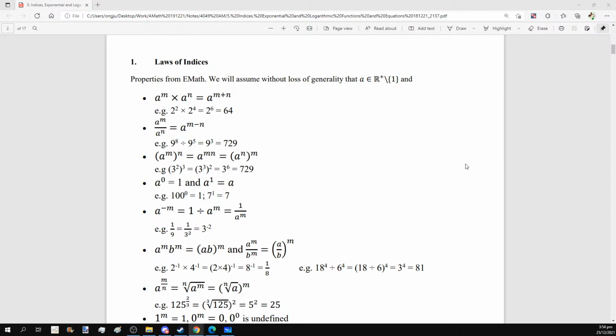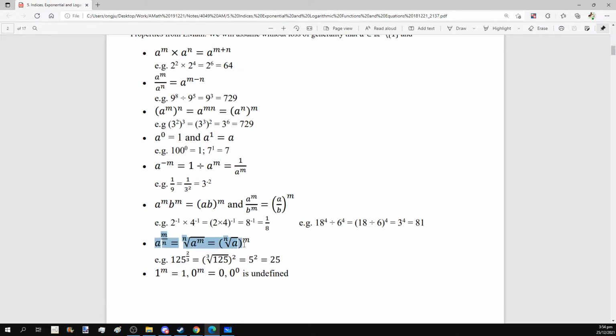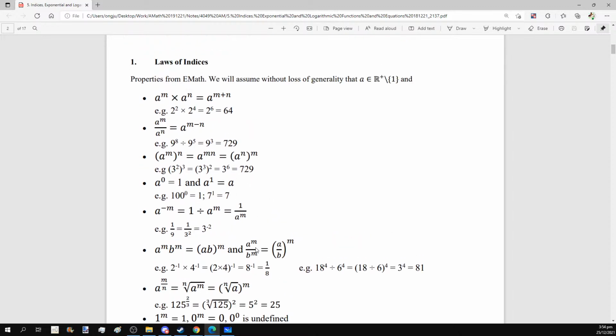In that sense, there's really not much to be worried about, right? Do take note, however, that some of the more, shall we say, obscure or more difficult properties will be more common in A-math. So for example, this informally, it looks like a factorizing of the power, as well as fractional indices. We will be seeing formulations with these expressions a lot more often in our A-math problems.